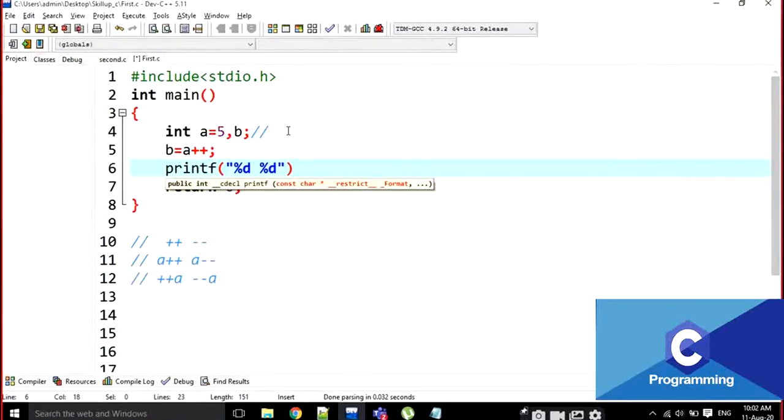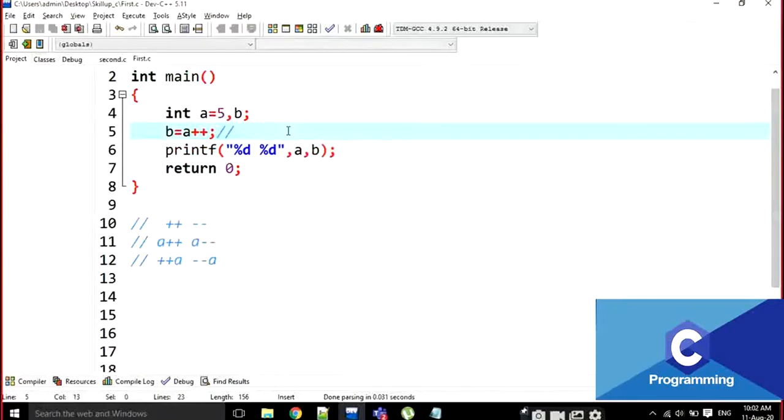I am going to print both the values A comma B. How is this line going to work? B is equal to A plus plus.